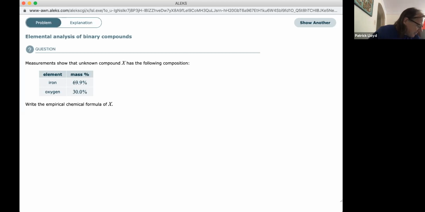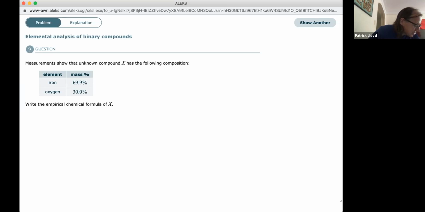It says here that measurements show that an unknown compound X has the following composition. There are two elements in it. The first one is iron and the second one is oxygen. And the mass percents are given as 69.9 and 30.0 percent.